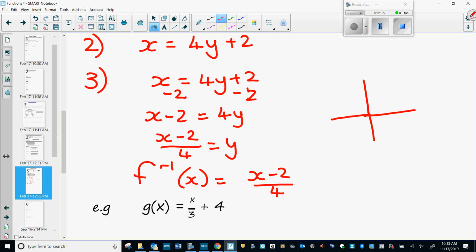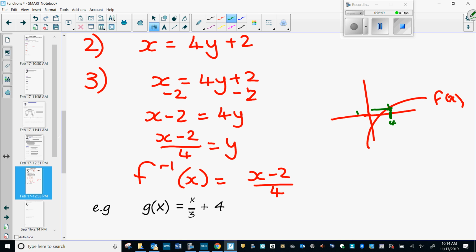It doesn't matter what it is. If I'm trying to find my inverse function, we switch the x and the y values. That means that if the coordinate (4, 1) is on my function, my inverse function would go through the coordinate (1, 4), because the x and the y values were switched.